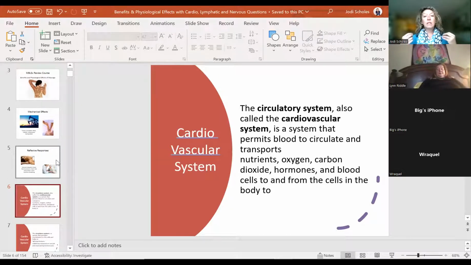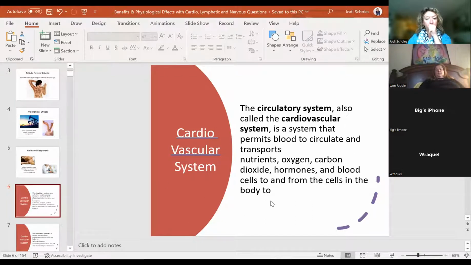It transports oxygen, it transports carbon dioxide, it brings oxygen to the tissue, it takes carbon dioxide from the tissue, what we breathe out, right? Carbon dioxide. So the blood is how our tissue gets fed. That's the transport system, the highway system, if you will, through our body for blood.